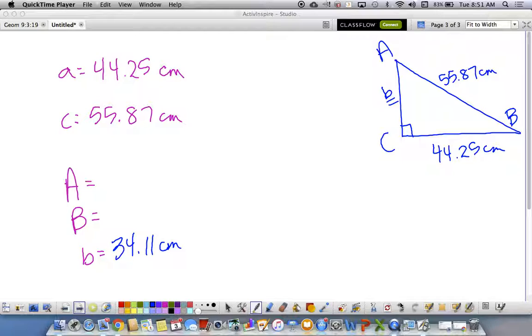Good. Alright, what angle did you solve for first? Emma? Angle B. What did you do for angle B? So angle B equals?